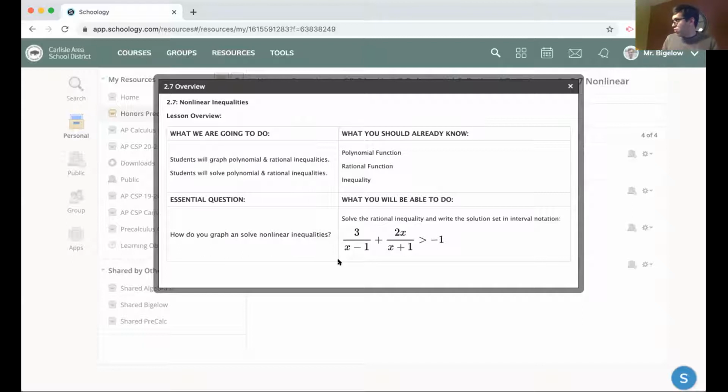And that's more what we're going to be doing, writing the answers in interval notation. So you will be able to graph polynomial and rational inequalities and solve polynomial and rational inequalities today. And the essential question is, how do you graph and solve nonlinear inequalities?